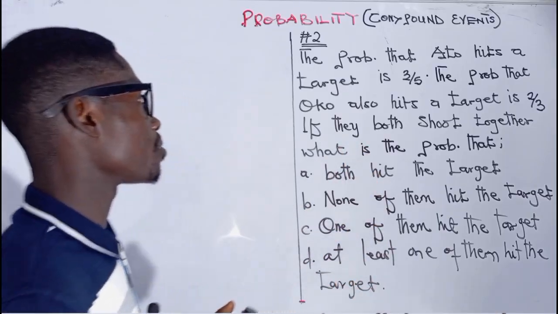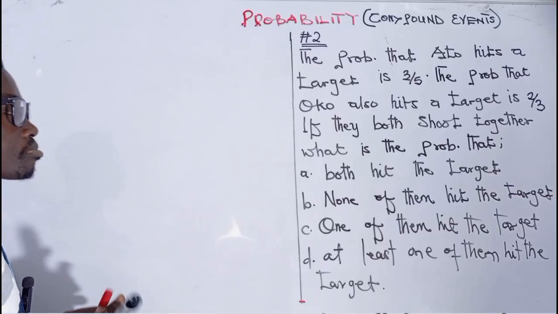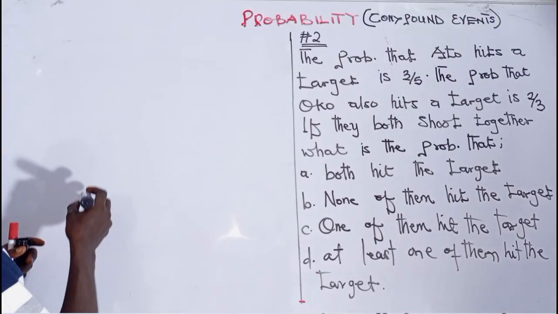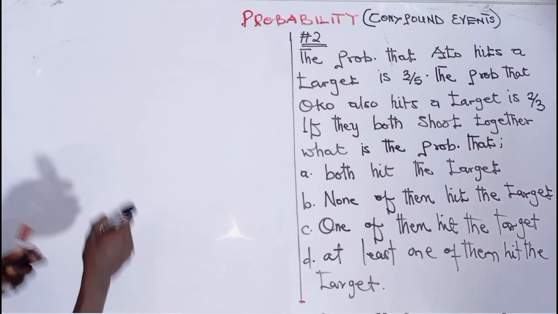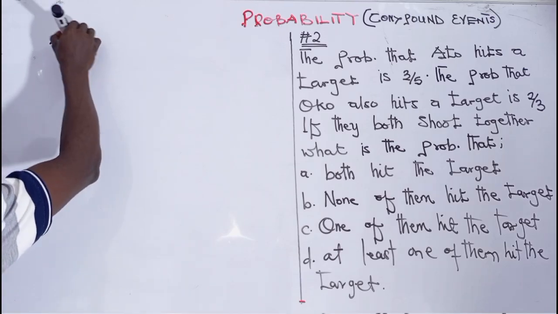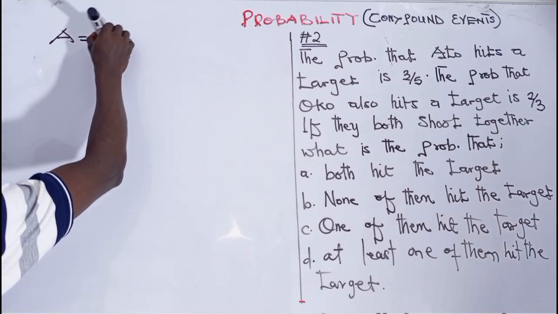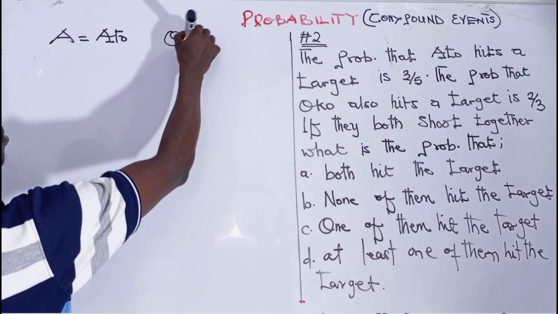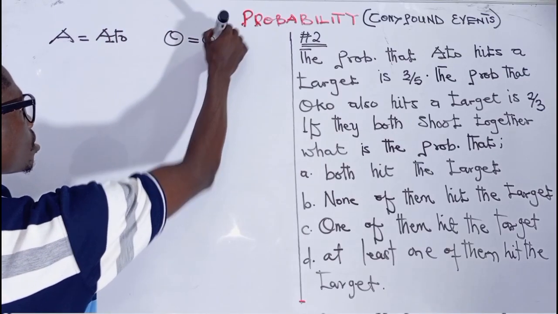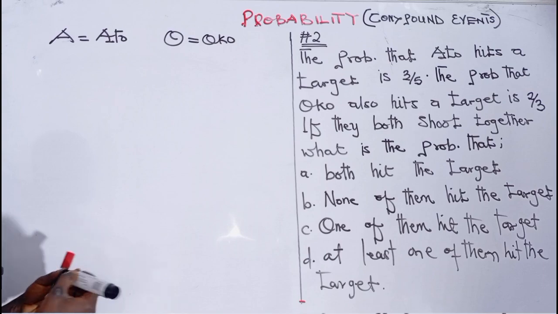The first thing we are going to do is use a variable to represent Ato and Oko. So let's use A for Ato, and O for Oko.